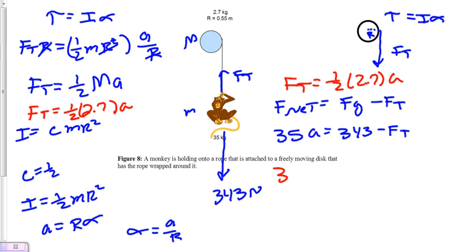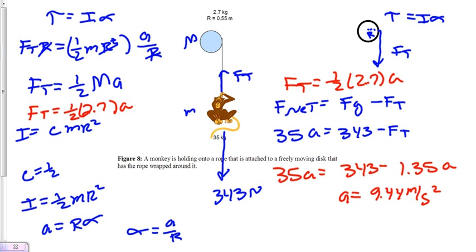So 35A is then going to equal 343, and we'll subtract a 1.35A. 1/2 of 2.7 is 1.35. So we get an acceleration value for this equal to 9.44 meters per second squared.